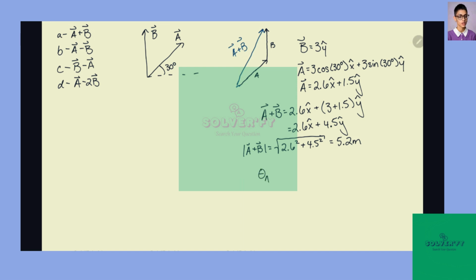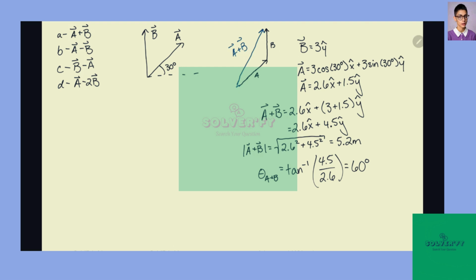So theta of A plus B is going to be the arctangent of the y component, 4.5, over 2.6. And that'll be about 60 degrees.